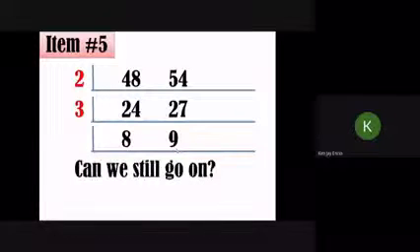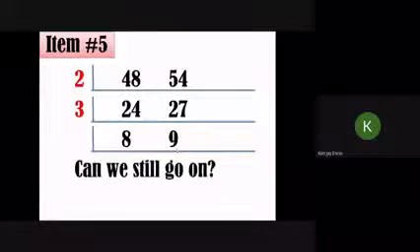If we do the division, 24 divided by 3 is 8, and 27 divided by 3 is 9. You could notice that 8 and 9 are no longer divisible by numbers greater than or equal to 2. Their GCF is 1, so in this case, we should stop now.